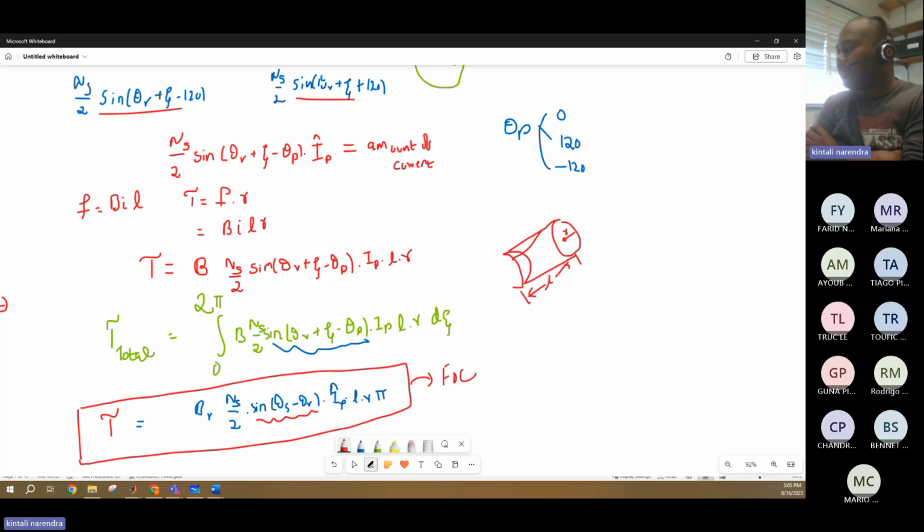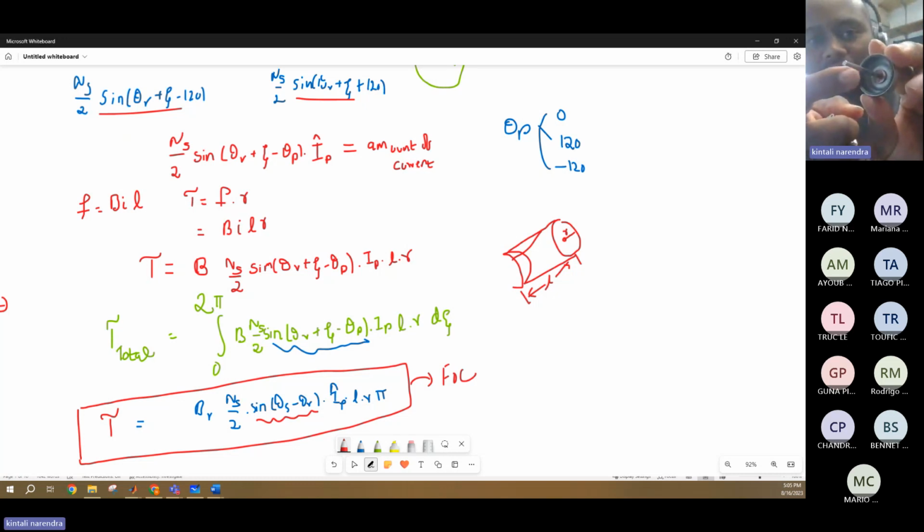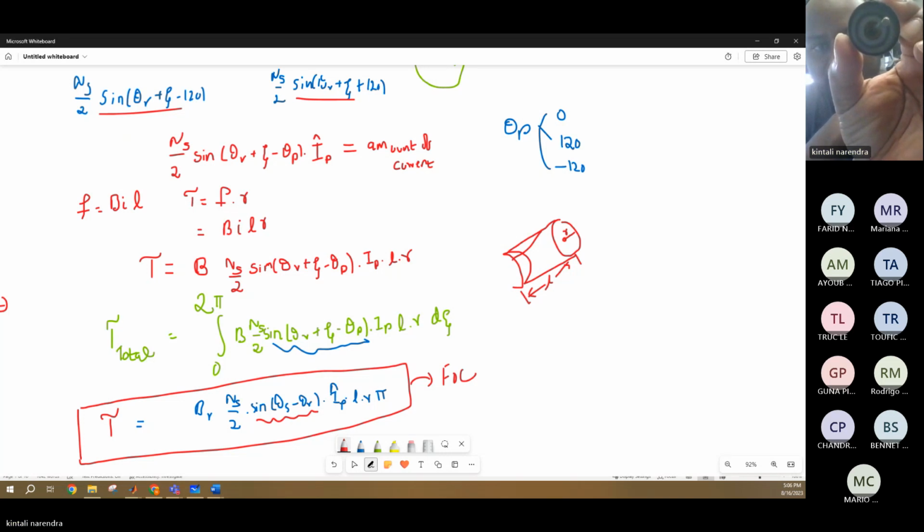For example, if you take this one, here the magnet is the rotor. There is no need of this casing if the magnet is an outrunner, and it is in the kind of a strip.